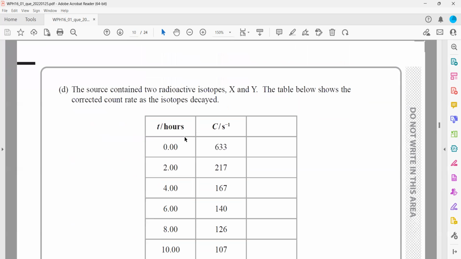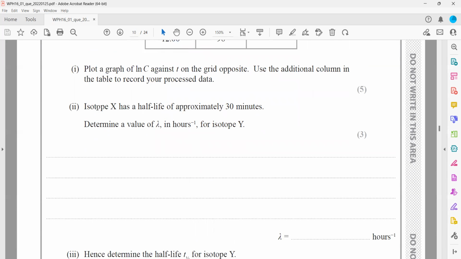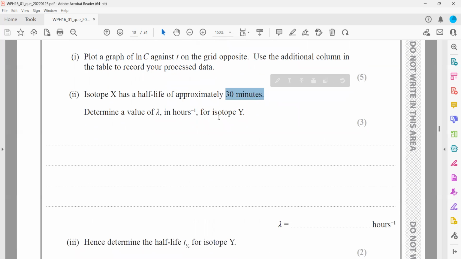So this is a graph for the source containing two isotopes X and Y. The table below shows the count rate for the isotope which has decayed. Isotope X has a half-life of 30 minutes, and then we have to determine the value of lambda in inverse hours for isotope Y.